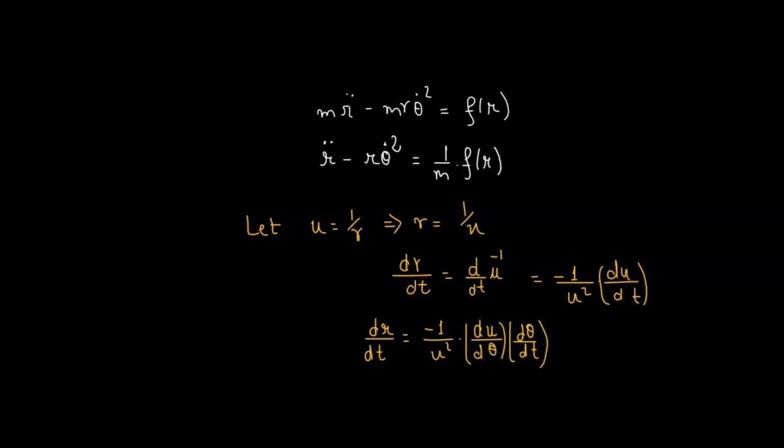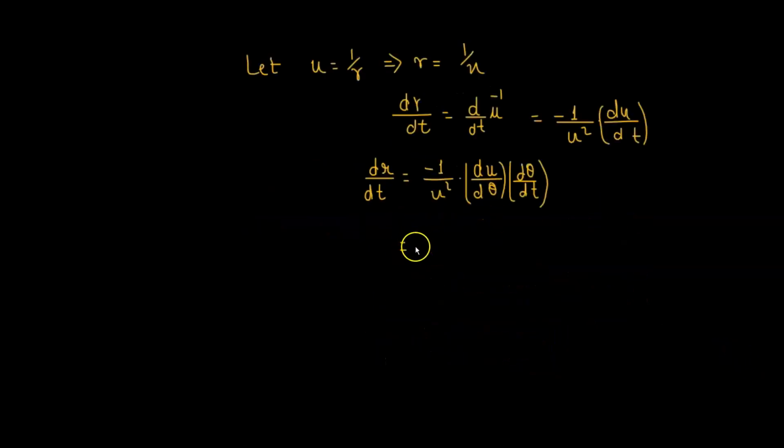Fine. So this should give us -1 over u squared times d theta over dt, that's the time derivative of the angle theta, so that's simply theta dot times du over d theta. So this is dr over dt.